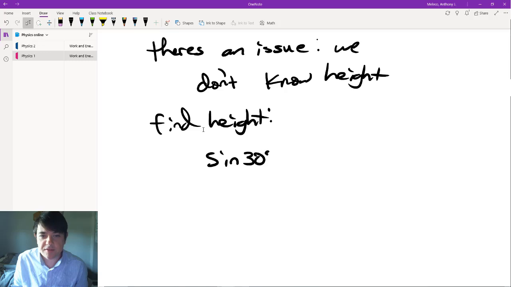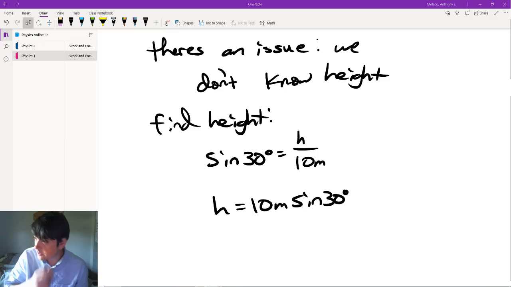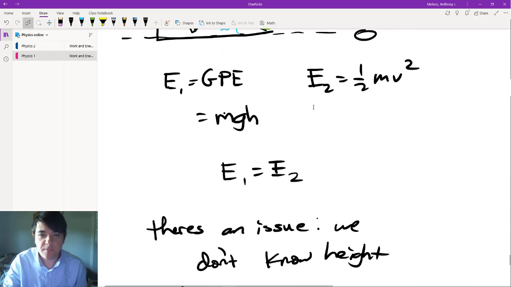Sine of 30 degrees equals the opposite, which is h, over the amount traveled, which is 10 meters. So h equals 10 sine 30 degrees. And so this gives us 5 meters, because this is 1/2. Great. Now we can actually solve.